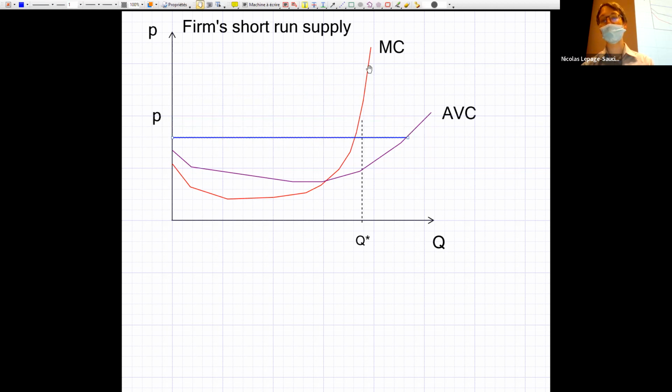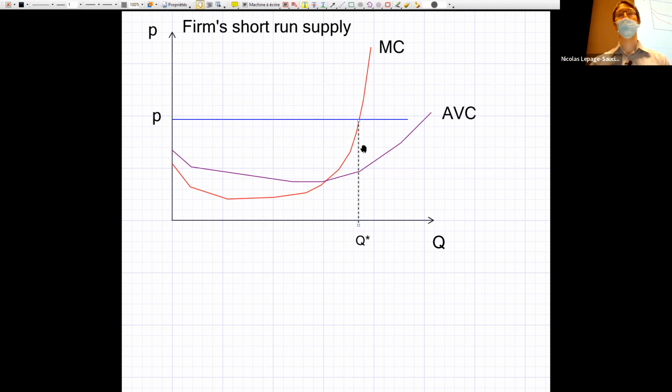So in fact, the short-run supply of the firm is its marginal cost, right? This is why we say that supply is marginal cost. There's almost no difference. It's just that we have to aggregate that for all firms together. But so here, let me draw the supply.